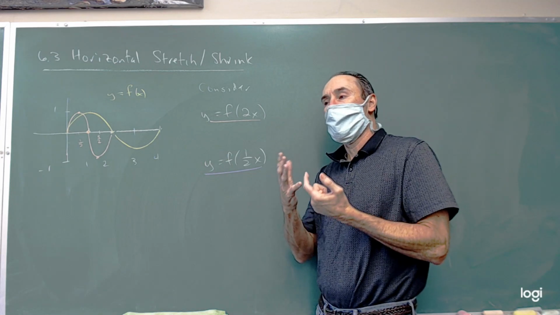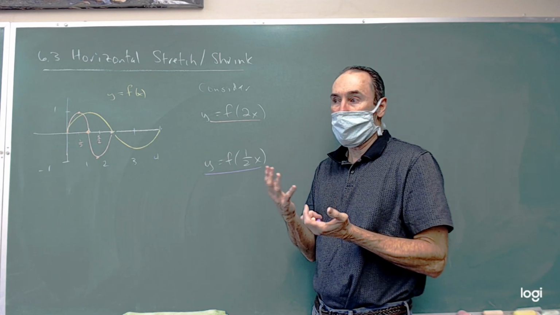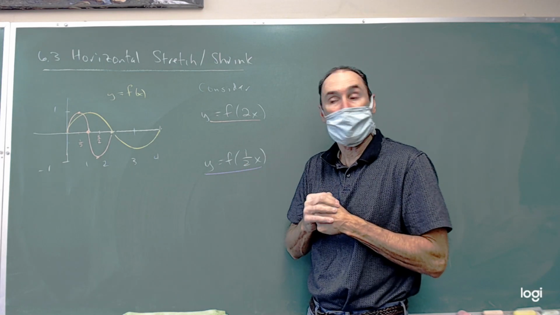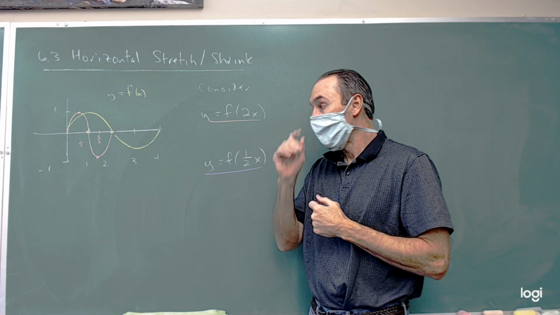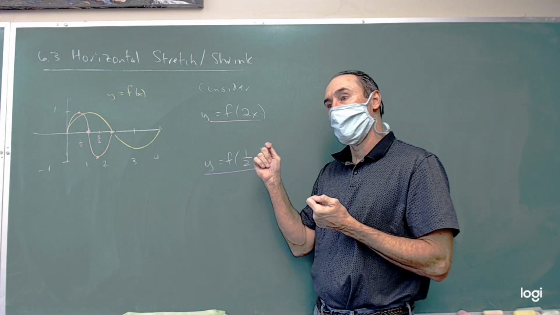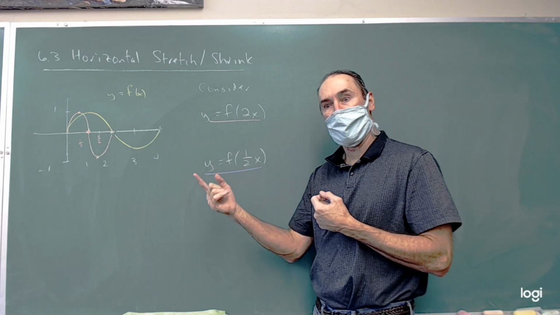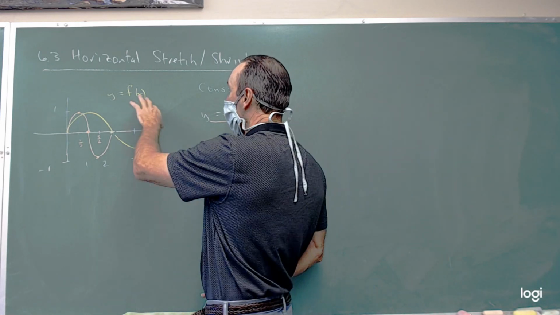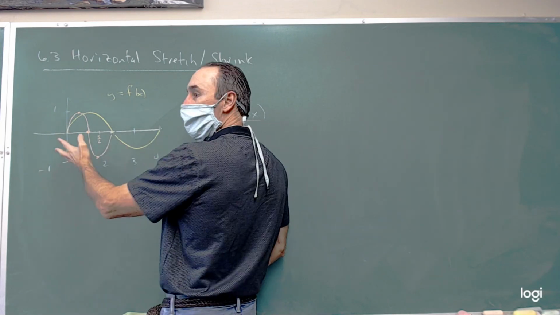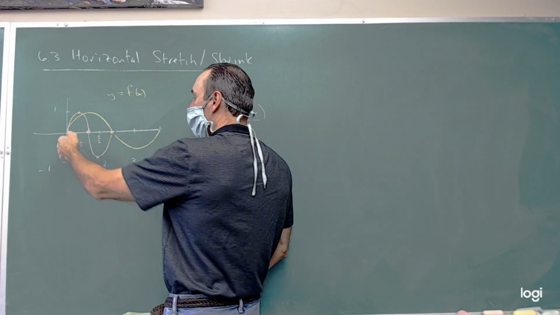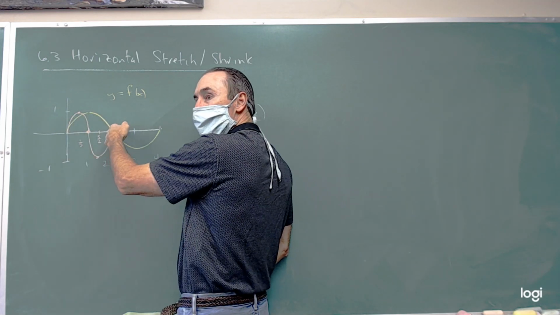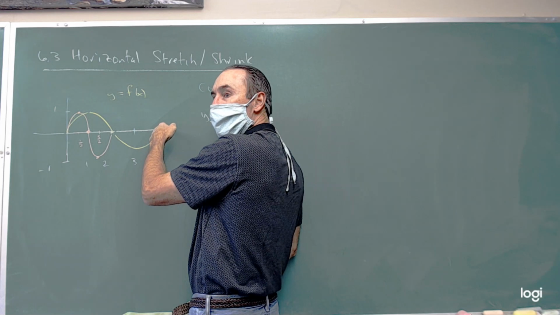So here's a way that I think of it, and I don't know if this helps you or not. If it does, you can use it. If it isn't, you can just pitch it and try to find some other way. I like to think of this x as being like a time, like a measurement of time. And so what you see in the yellow function is it takes us, in whatever time you want to think of, maybe seconds, 1 second to get up to here, 2 seconds, 3 seconds, 4 seconds.